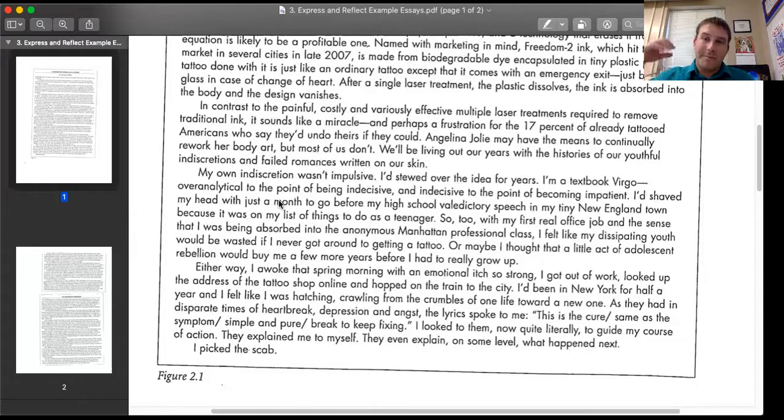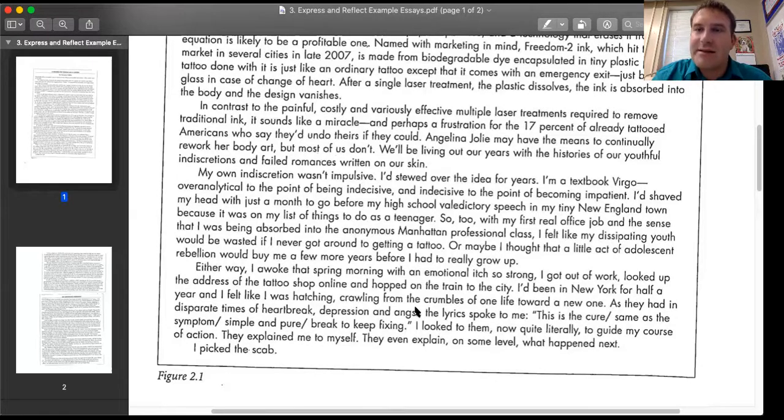So there's where her reflection comes in. She's kind of reflecting on why she ended up getting that tattoo, and she taps into her impulsivity, but she points out that she was about to get her first adult job, real job, and that scared her, similarly to graduating from high school.